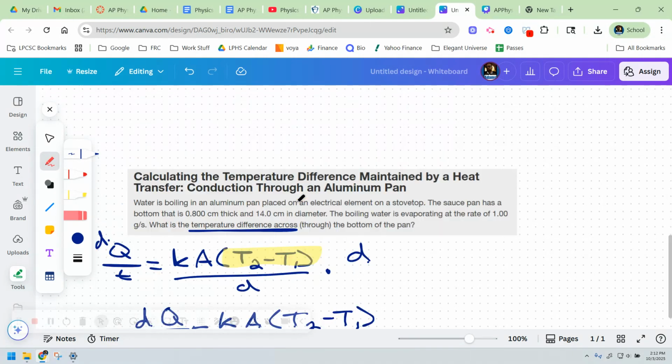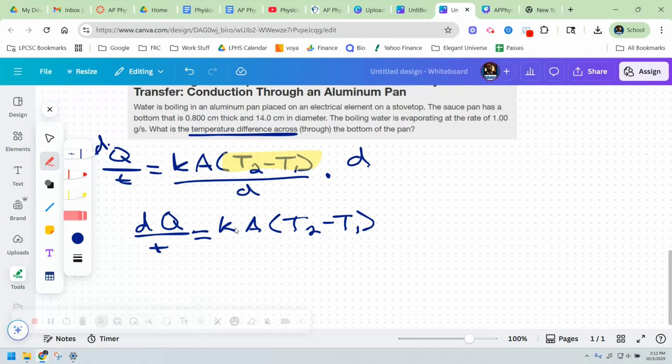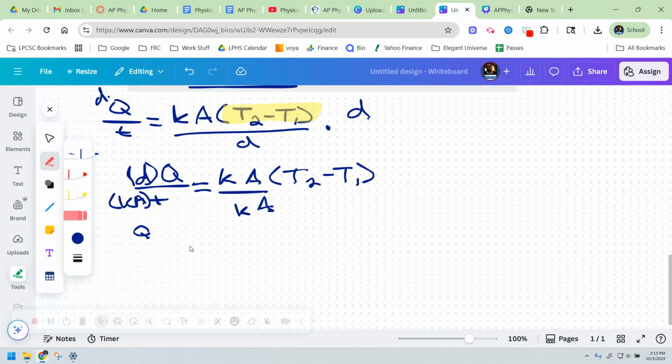That's not that hard. Then I'm just simply going to divide by KA, and over here I'm going to divide by KA, and I'm going to keep these separate. So over here I'm going to write this as Q over t times d over KA.